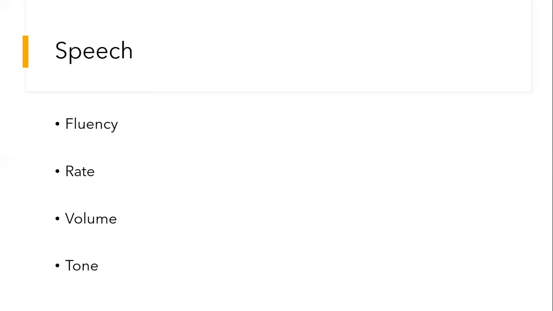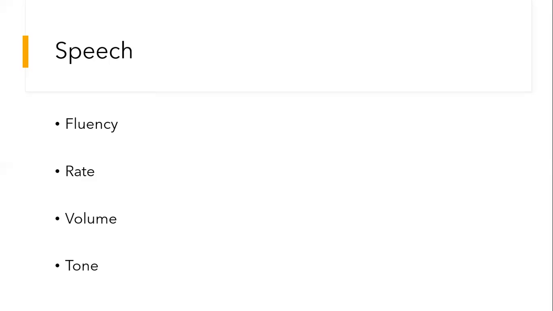Slow speech with lots of pauses may be a sign of depression, but fast, rapid, pressured speech, when the client is expressing so much and feels like they have so much to tell you that it's difficult to interrupt them at times, might be a sign of mania or hypomania.